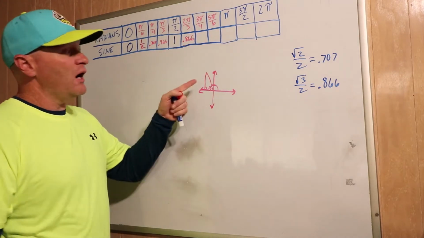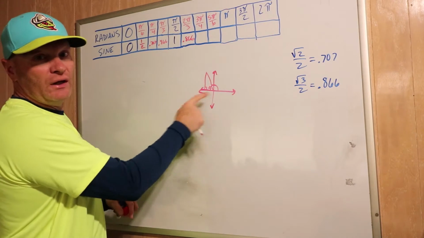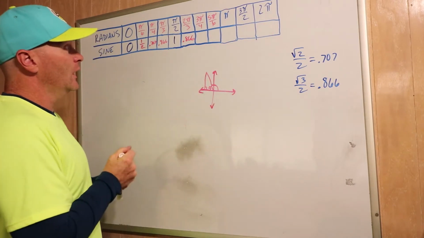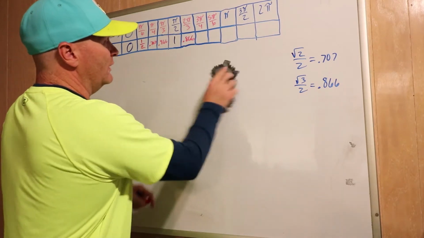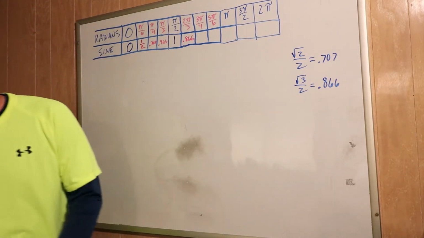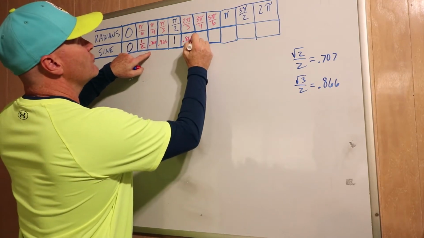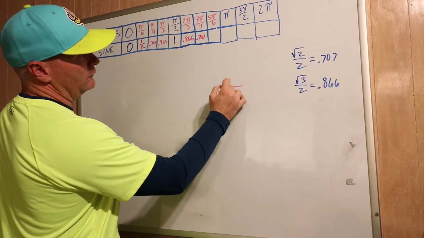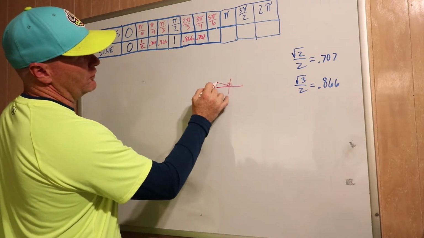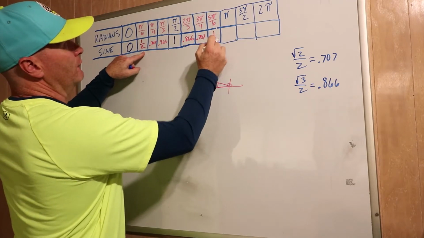And we know that is positive because it's sine, and All Students Take Calculus. That's S. For 3 pi over 4, the reference angle would be 45 degrees, and that means it is 0.707. And for 5 pi over 6, our reference angle is pi over 6, so it's going to be 1/2 again.